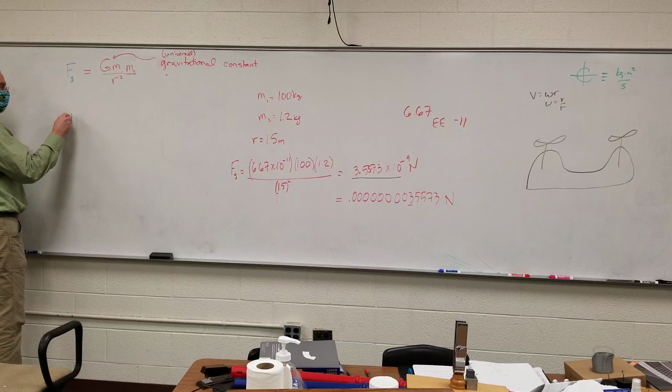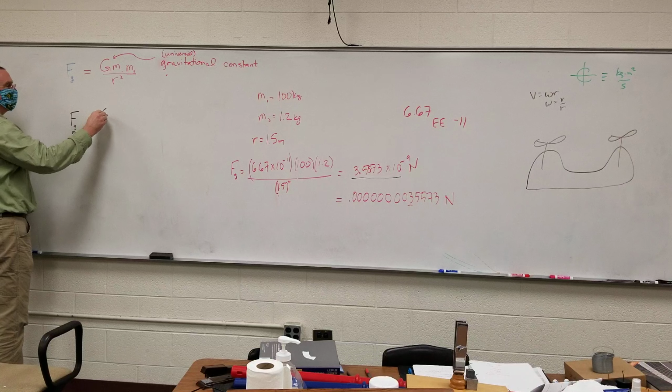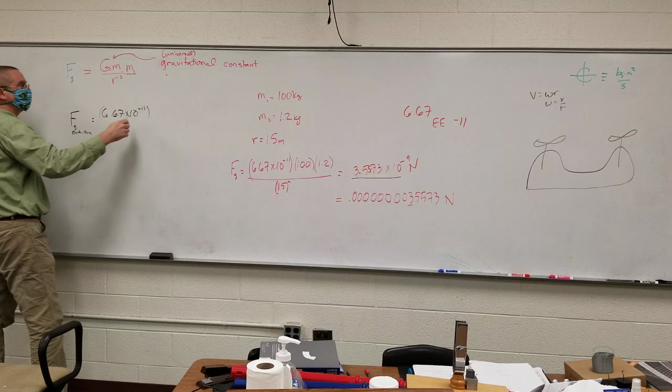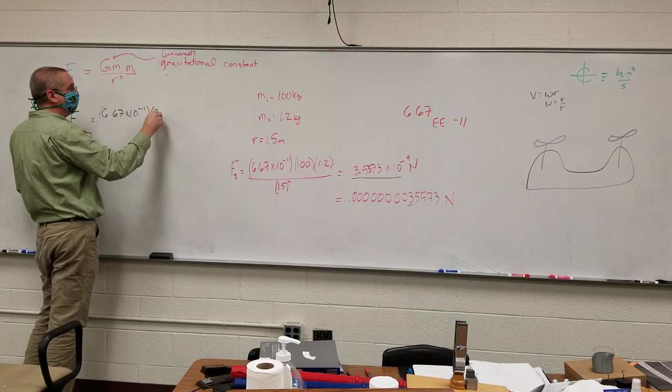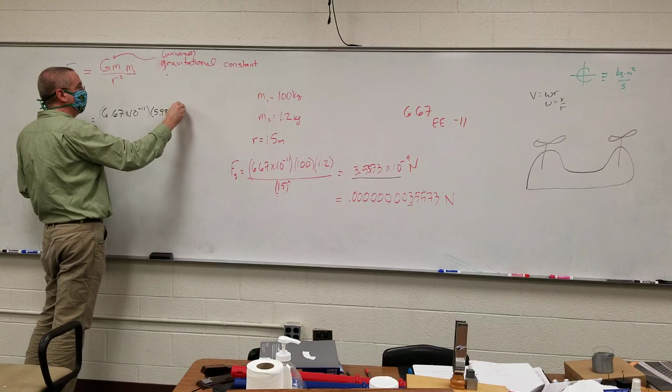All right, so the gravitational force, 6.67 times 10 to the negative 11th, times the mass of the Earth, 5.98 times 10 to the 24th, times mass of the Sun, 1.99 times 10 to the 30th, divided by the distance between them, and at this point, I can't remember.